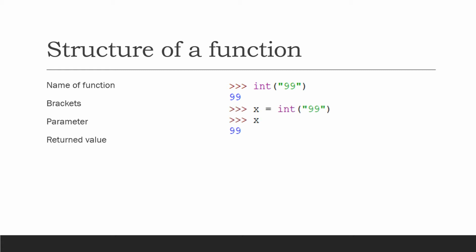As an alternative, we could store the returned value as a variable. So in this line, we've stored the returned value as a variable called x. And if we type x, the computer will evaluate x and show us the number 99.